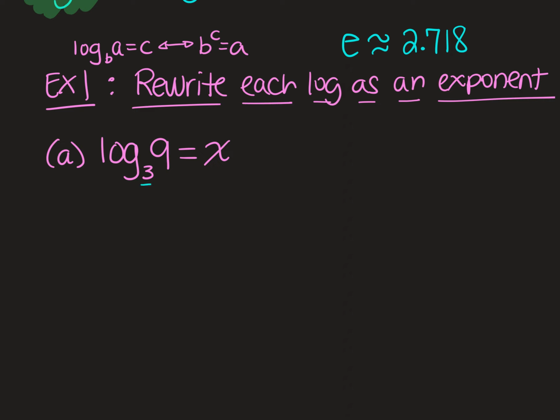In this case, my base is 3. So when I rewrite it, I'm going to have a base of 3 in my exponential function. Now, a minute ago, I said that one of the most important phrases to remember is that a logarithm is always equal to an exponent, which means that what the logarithm is equal to is my exponent. So this will become my exponent on b.